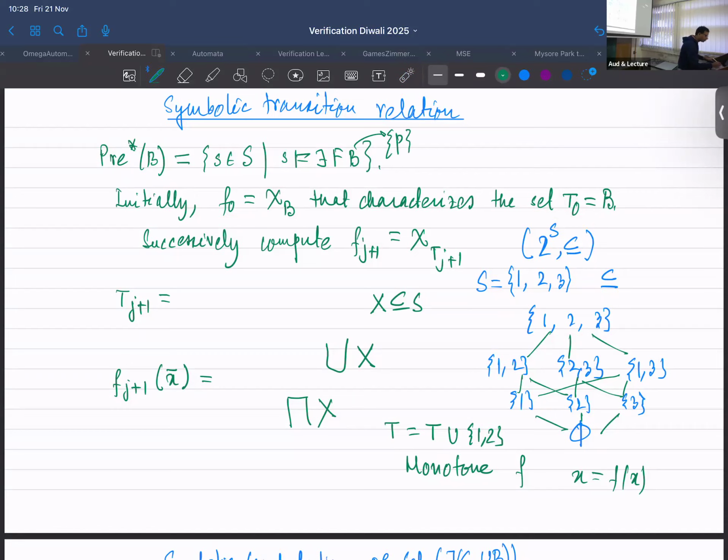Now if I have to compute this pre-star of B, then at every step I'm computing f_{j+1}, which is the characteristic function corresponding to the set T_{j+1}. So what is T_{j+1}? How do I define T_{j+1}?